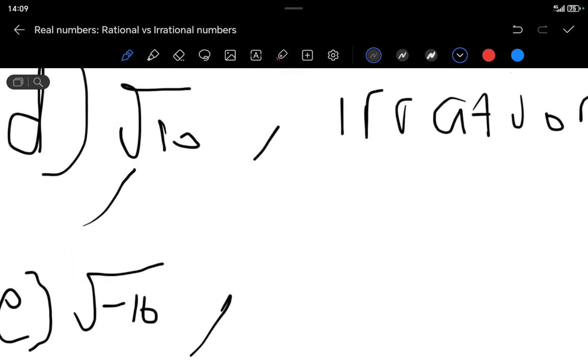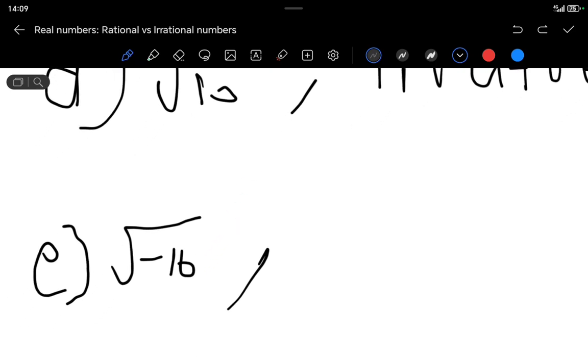Now, this one you may think it's tricky or not, as people are not the same. The square root of negative 16. Since when have we ever done this? This is an imaginary number. You won't be doing this in grade 10, 11, or 12. Because of this, it's not rational or irrational. But the square root of 16 is rational because it will get 4.